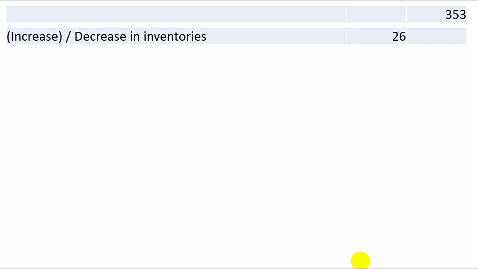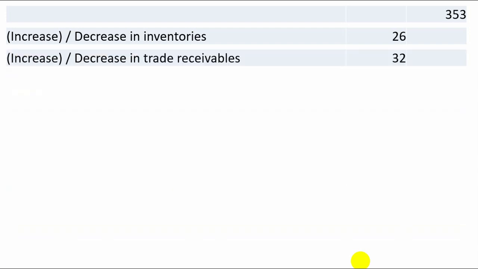If the company has purchased inventory, if some cash has gone out, then that needs to be adjusted. That is, it needs to be reduced. And if the company has sold some inventory and has received cash, then that also needs to be added back. So in this particular case, the company's inventory has decreased. Therefore, it has received cash of 26 crores.